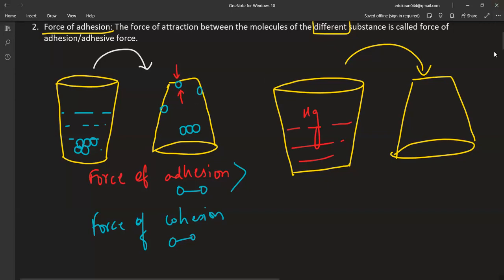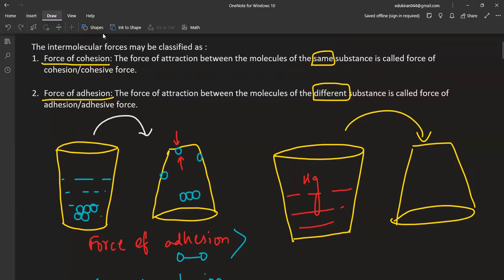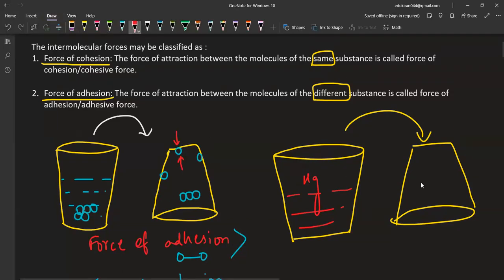Whereas in the second case, the force of cohesion is greater. All the droplets of mercury which are present are stuck together. So one by one, chain by chain, linked completely, they fall off, because the adhesive force is very weak over here.